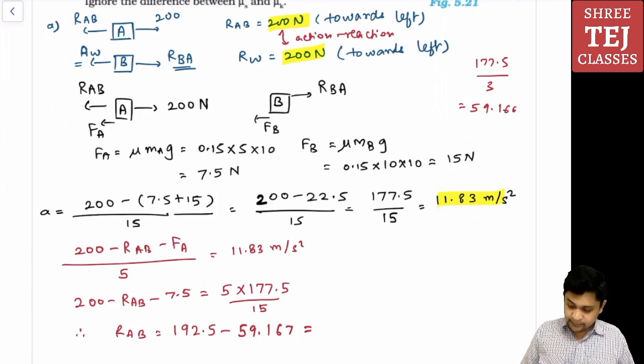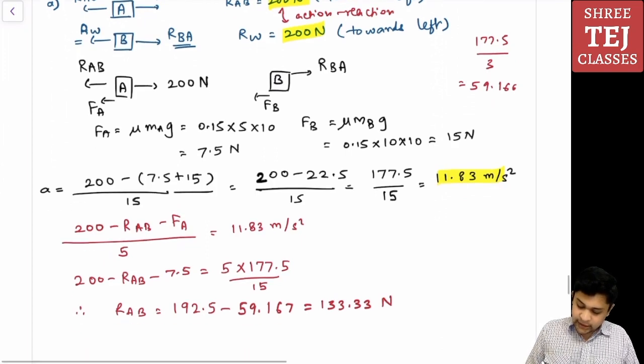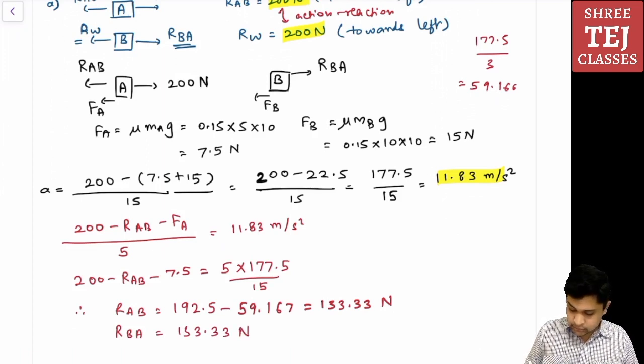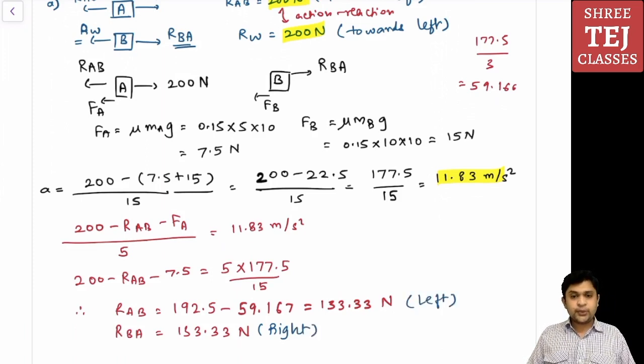So this would be 133.33 Newton. So reaction on A would be towards left, and reaction on B due to A would be 133.33 Newton towards right.